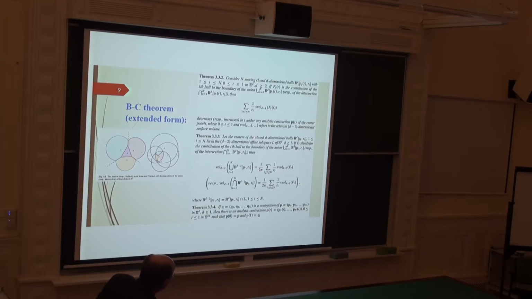And part 3 is often called the leapfrog lemma, which says that if Q is a contraction of P in dimension d, then in higher dimensional space, in dimension 2d, there is actually an analytic contraction in 2d that maps P onto Q. And so here the magic dimension is 2d.